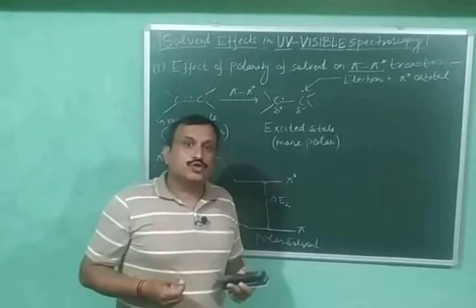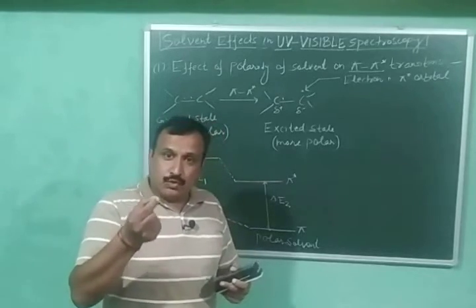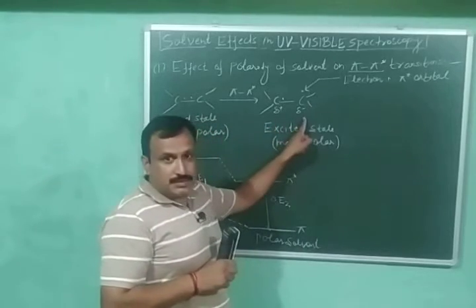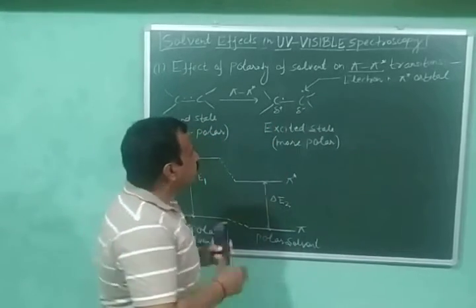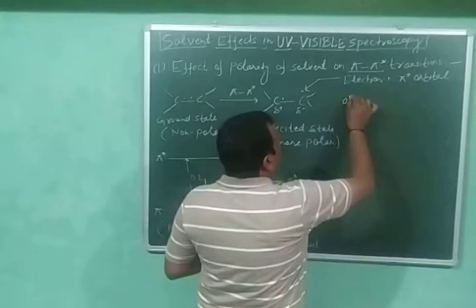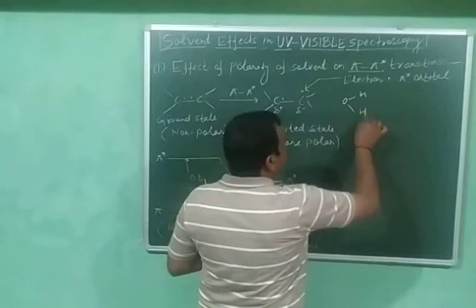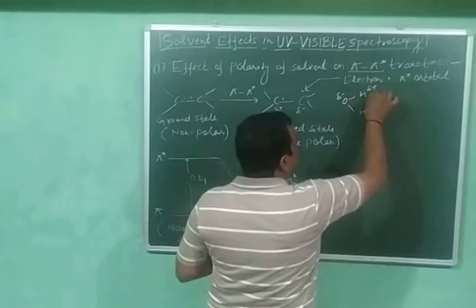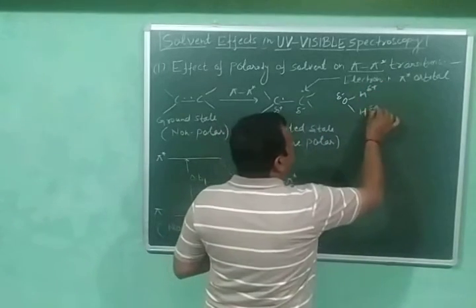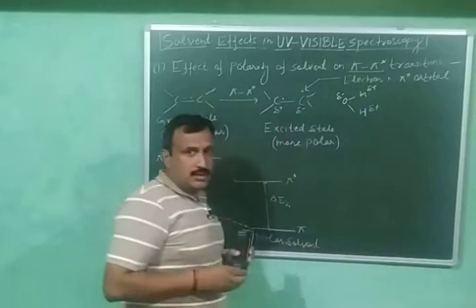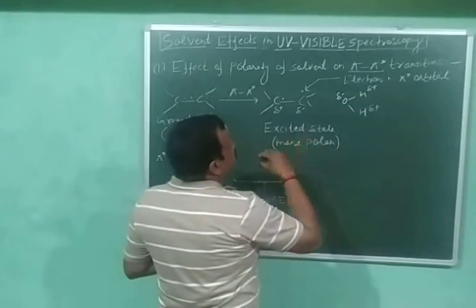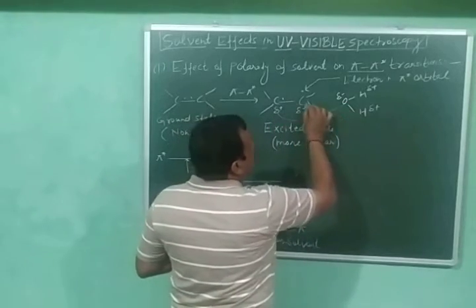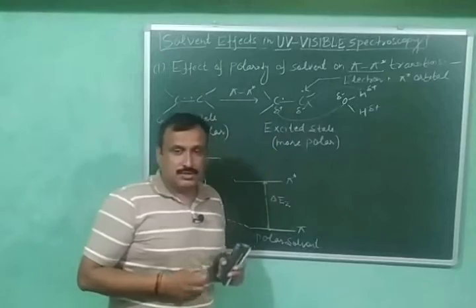So if we have a polar solvent, then that polar solvent will interact more with the excited state. Let us explain: suppose I have water as a solvent, and water is a polar solvent having a slight negative charge on oxygen and a positive charge on hydrogens. So definitely there will be some force of attraction between the positive and negative charges.